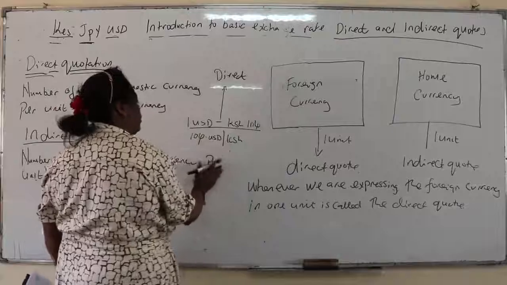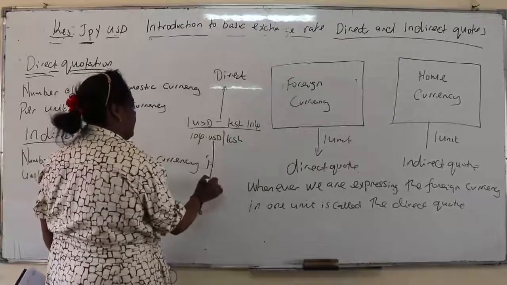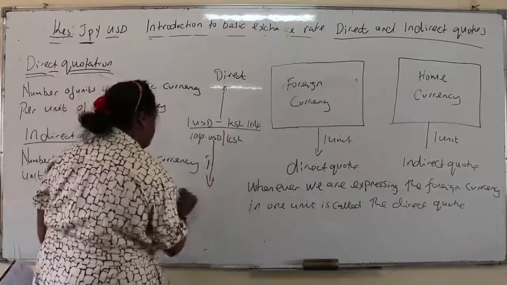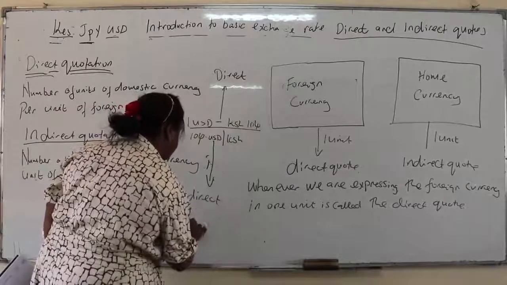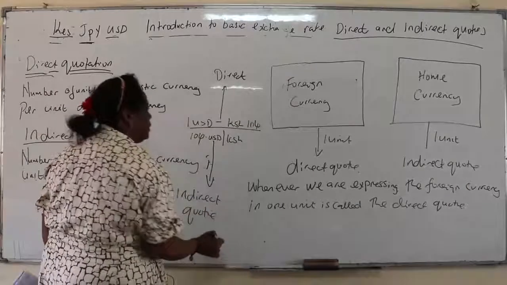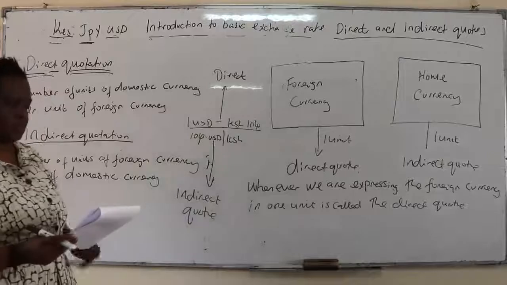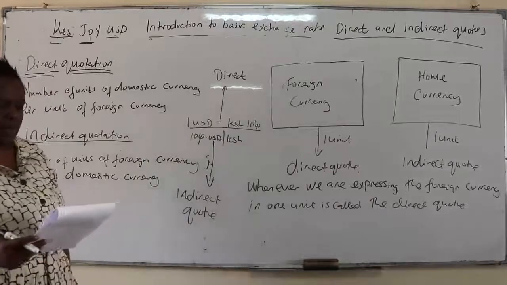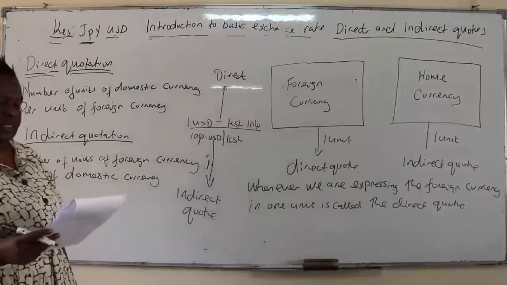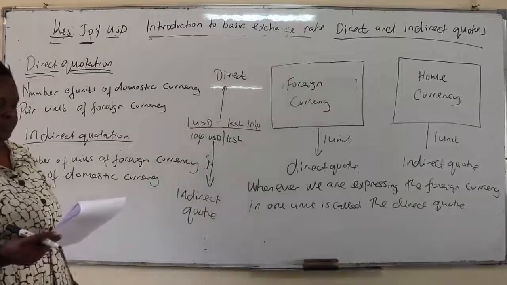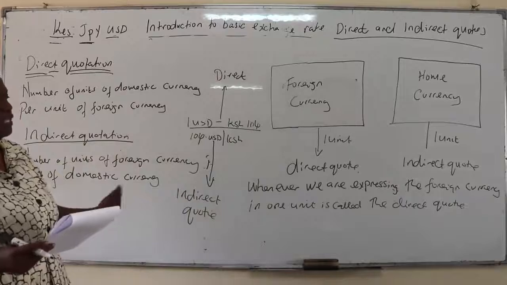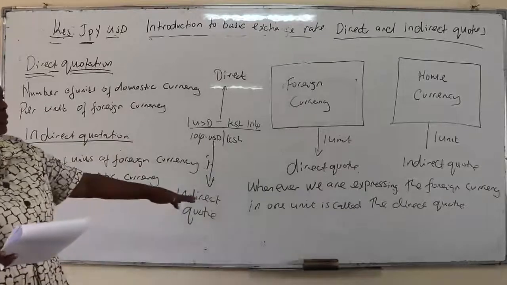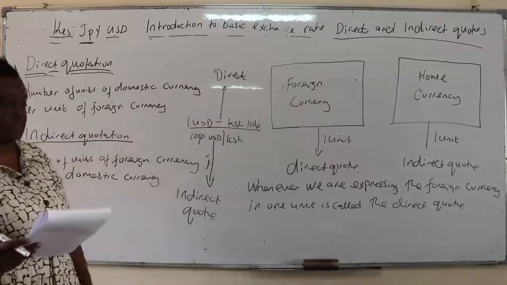And this is what we call the indirect quote. So home currency in 1 unit is the indirect quote, and whenever we express the foreign currency in 1 unit, it is called the direct quote.